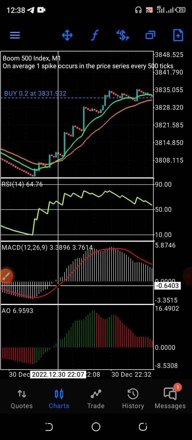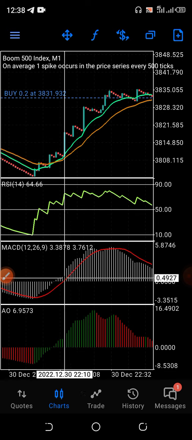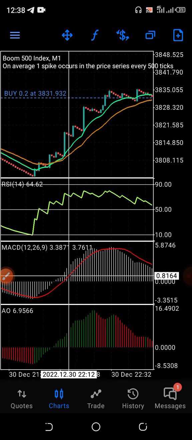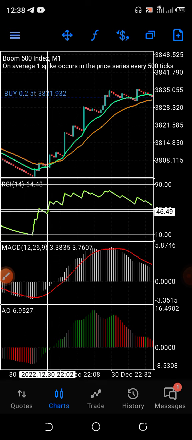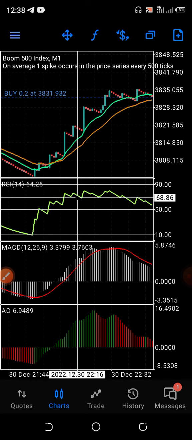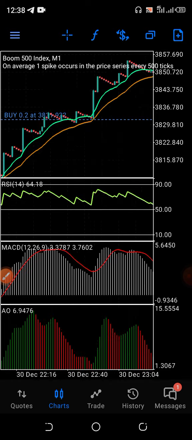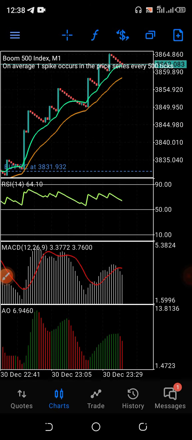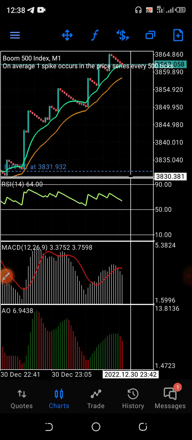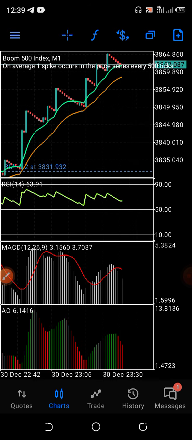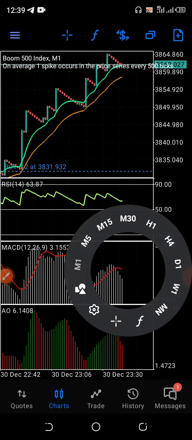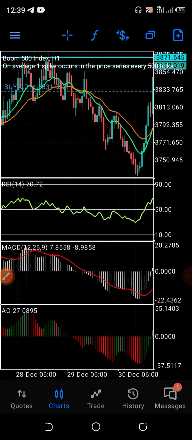See the crossing, everything crossed, both the signal line, everything crossed, and the RSI here, it crossed the 50 level. Until this thing finally crosses over to this place again, I still have hope that this market will continue to spike. Then my entry point starts from this place.